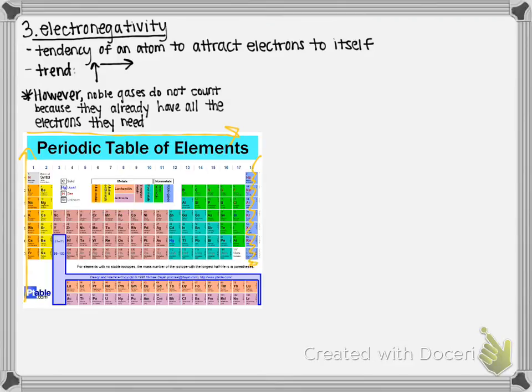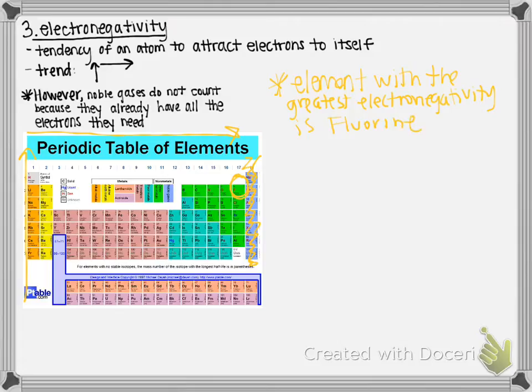So if we take the noble gases out and we look at farthest up, farthest to the right, our element would be fluorine. So fluorine has the greatest electronegativity.